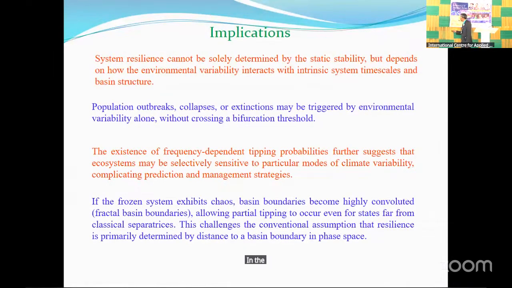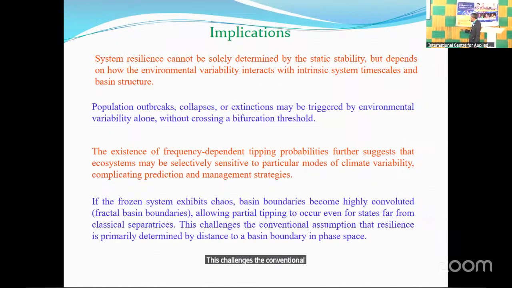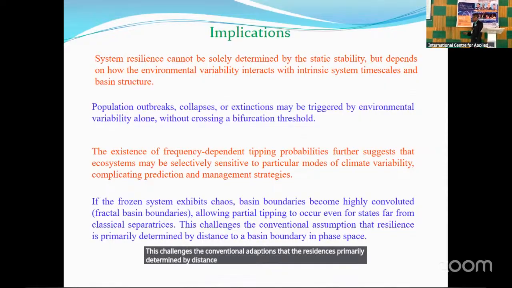If the frozen system exhibits chaos, basin boundaries become highly convoluted, allowing partial tipping to occur even far from the boundary. In the case of a chaotic system, we have observed that the pink region is not only accumulated around the basin boundaries, it is spread over the entire basin. This challenges the conventional assumption that resilience is primarily determined by distance to a basin boundary.